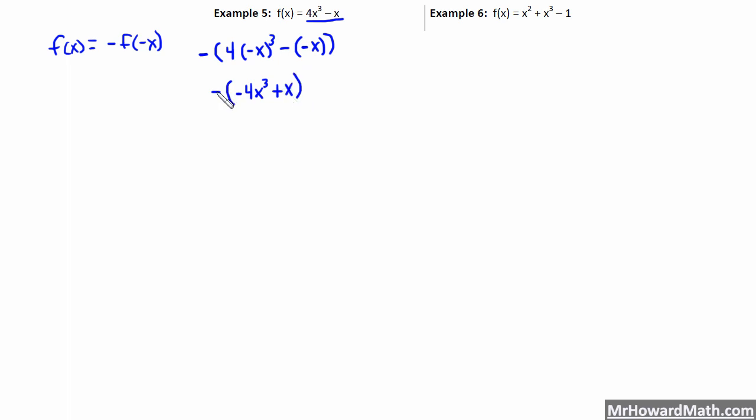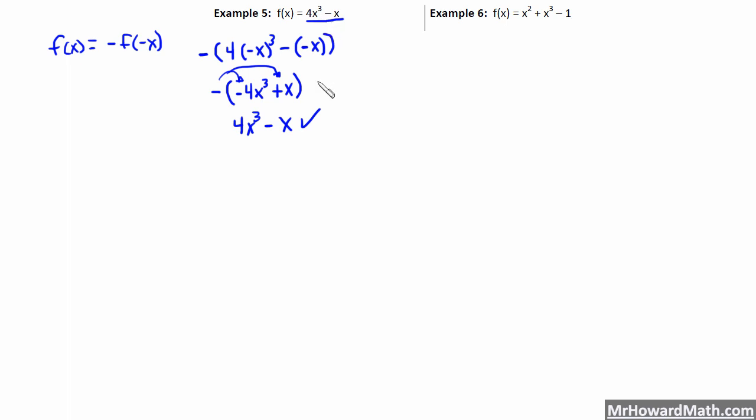Finally, we have to distribute this negative in there and there, so we change the signs. We end with 4x cubed minus x, and notice that checks because we ended back with this. That's the algebraic check.